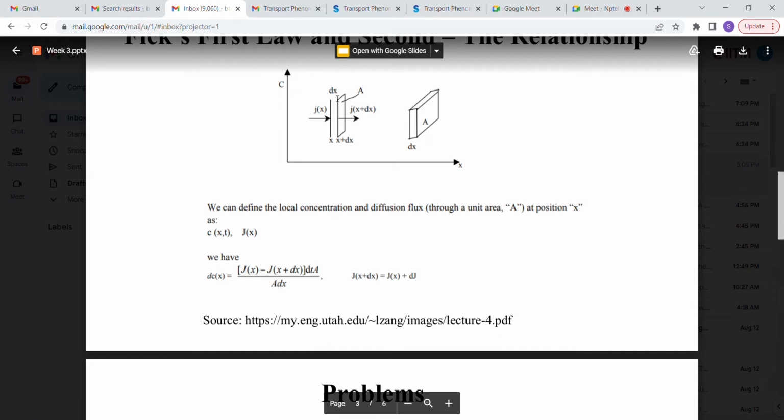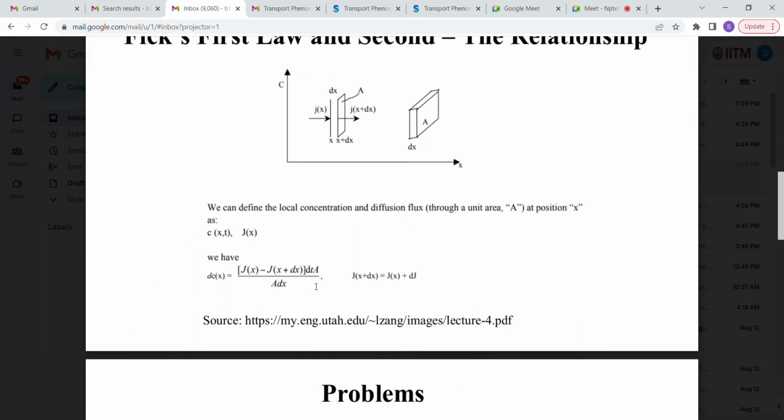Now let's look at this equation. This equation is part of a problem that we are going to solve, so I'm not going to give you the whole meaning of this equation. I'm going to give it to you at the end. But let me give you an intuitive understanding of it. So the dC is whatever difference we find in the concentration of the molecule which is diffusing down a concentration gradient at a point x.